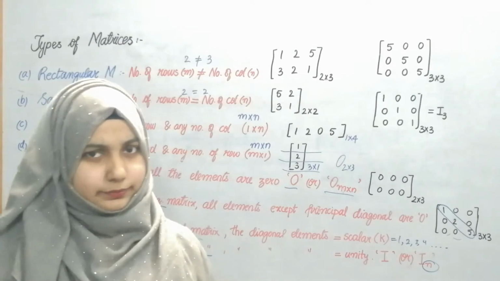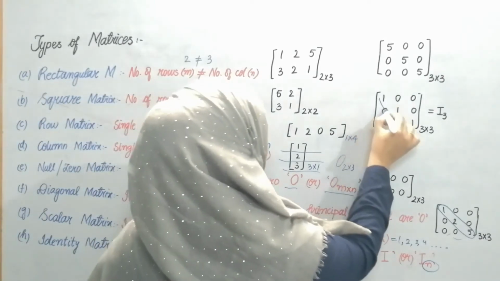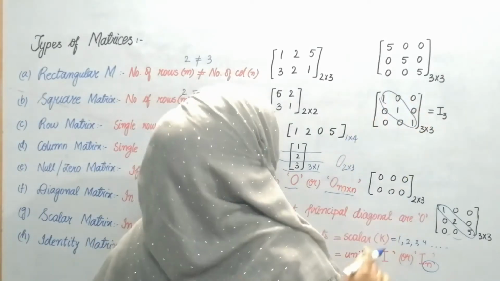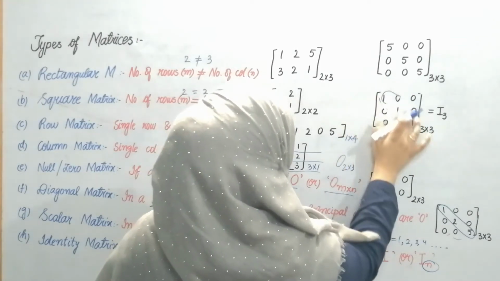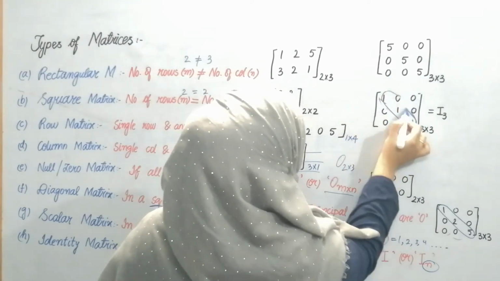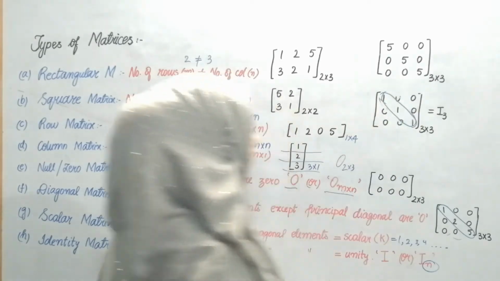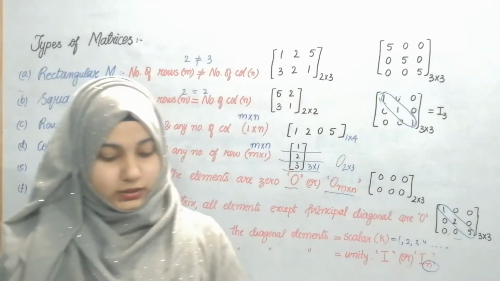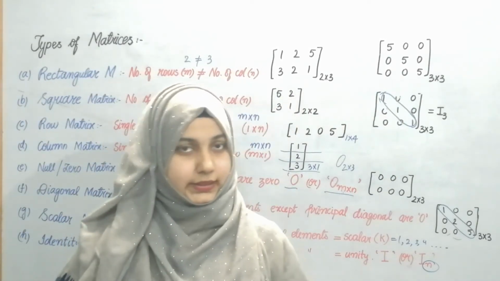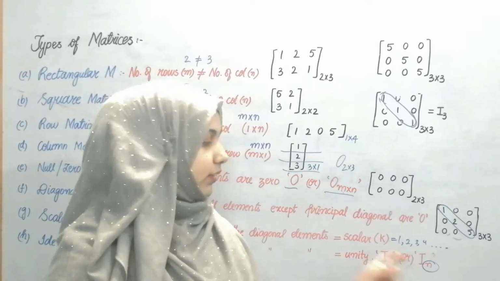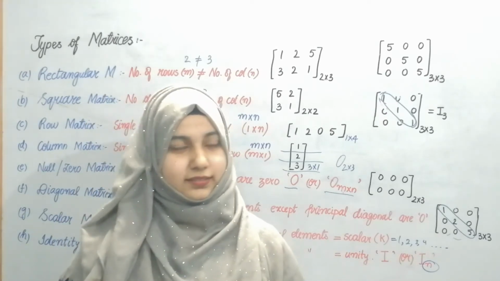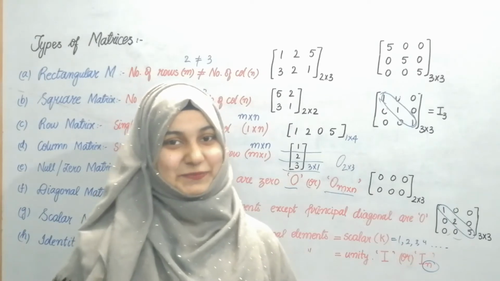The diagonal elements will be 1 and the rest of the elements will be 0. So this is nothing but an identity matrix or unit matrix, represented either with I or In. Easy, right?